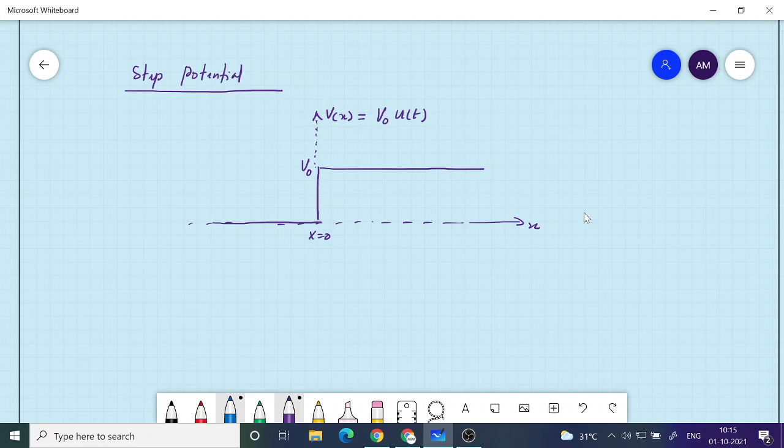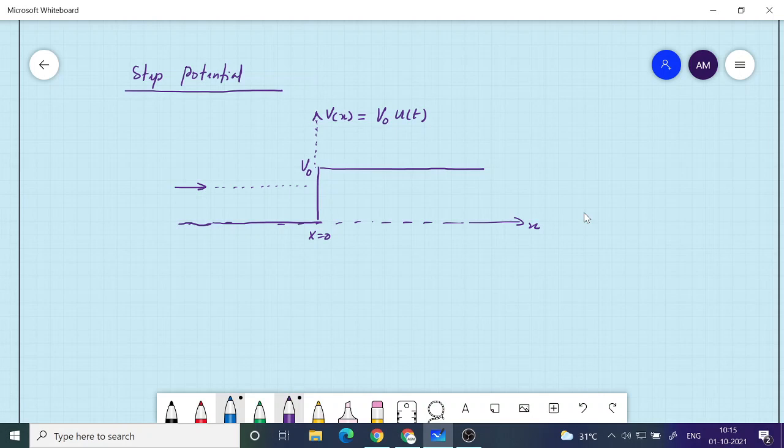So this is the type of potential, and the problem is what? The problem is that an electron is coming from minus infinity, okay, like this. The electron is coming from minus infinity, and then it will come to the point x equal to 0, and we would like to know what happens to that electron.